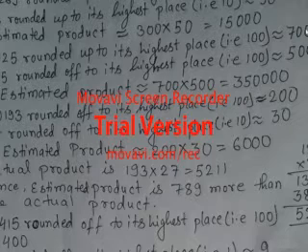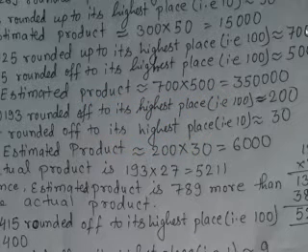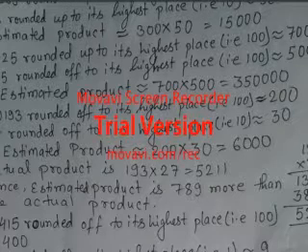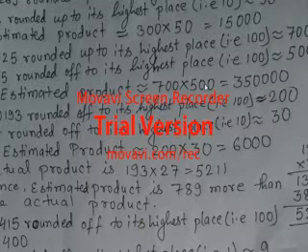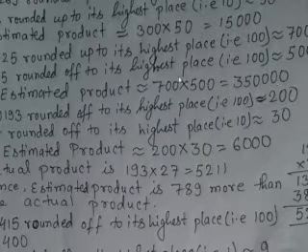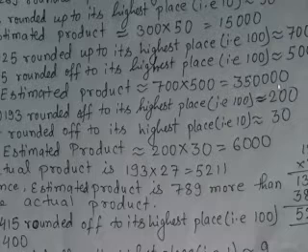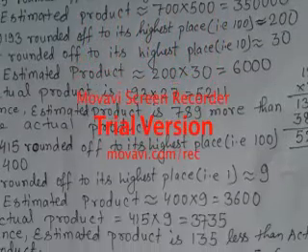And then 425 rounded up to its highest place value gives 500. After that it has been written estimated product is equivalent to 700 into 500. Sorry, not 35 lakh, it is 3,50,000. If you will see 5 7s are 35. So this is how you will be doing multiplication.